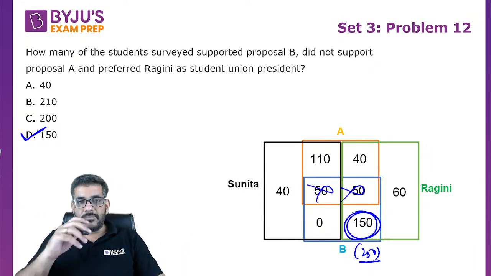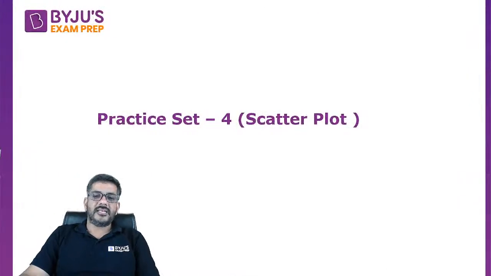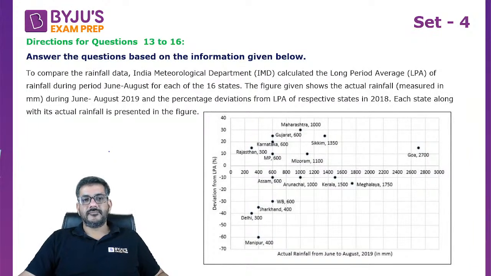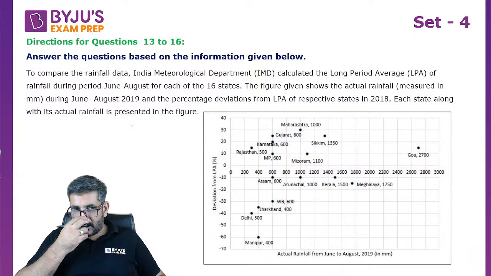Let's move on to set number 4 now. Let's come to that. Here is set number 4 from scatter plot. Have a look at this. To compare the rainfall data, the India Meteorological Department calculated the long period average of rainfall during the period June to August for each of the 16 states. The figure given shows the actual rainfall measured in millimeters during June to August 2019 and percentage deviation from LPA of respective states in 2018.